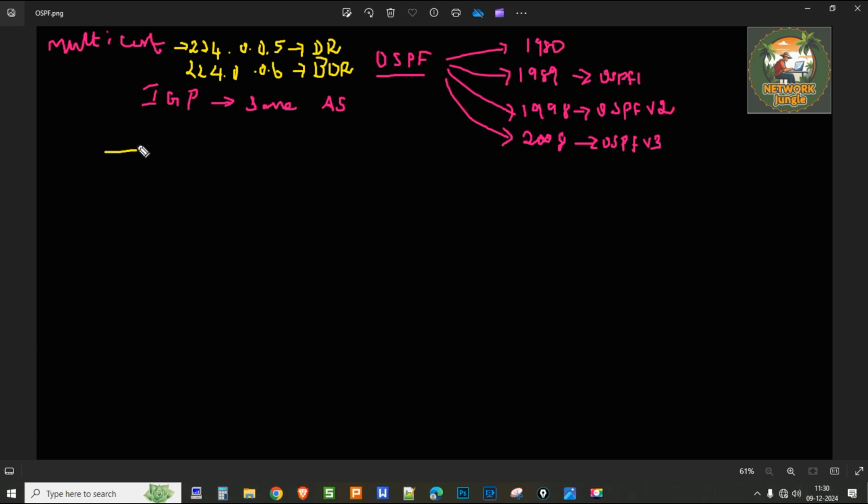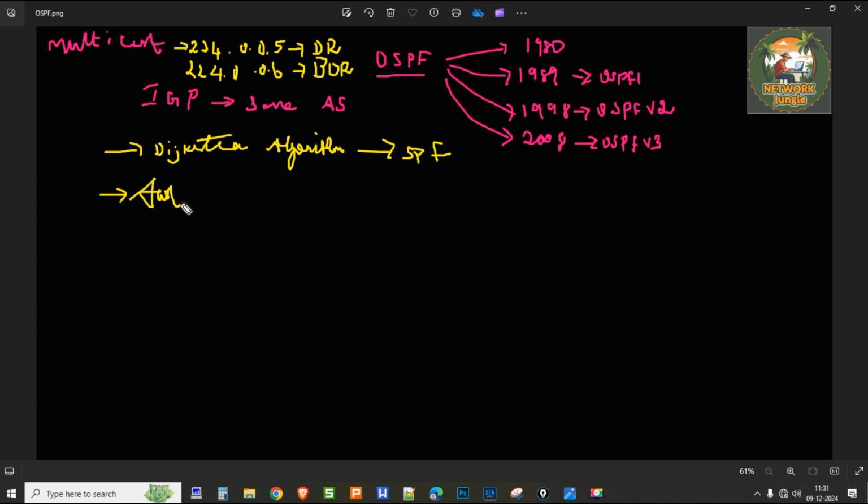Mainly it uses the Dijkstra algorithm to find the shortest path, SPF. It uses the Dijkstra algorithm to find the shortest path between any two nodes. It has a fast convergence time.